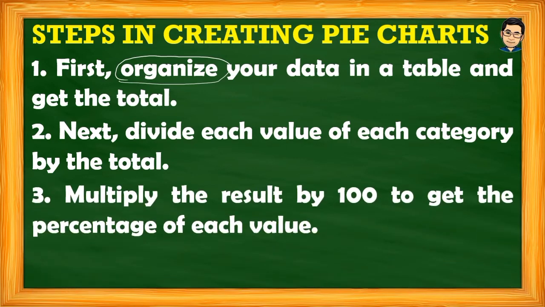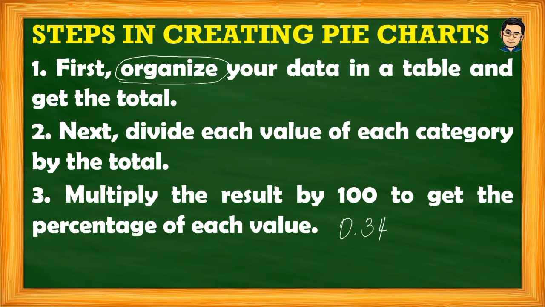And then, multiply the result by 100 to get the percentage of each value. Since dinivide natin yun, makakakuha po tayo ng sagot na decimal. And then, since percentage ang kinukuha natin kapag pie charts, imumultiply lang po natin yun by 100 or just simply move 2 decimal places to the right. Like for example, ang sagot natin halimbawa 0.34.